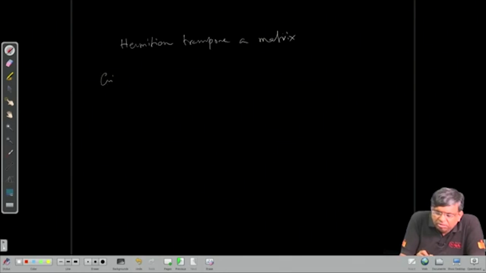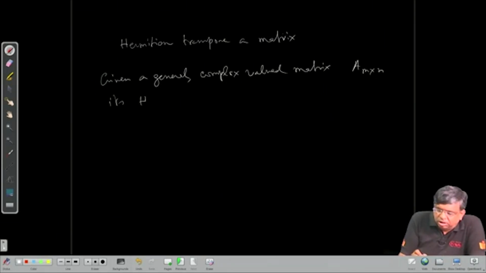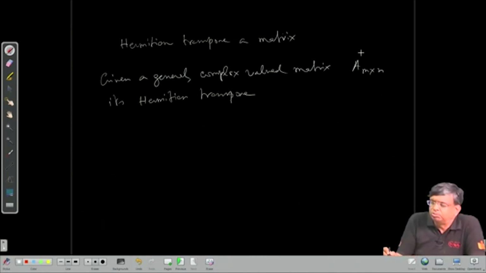So, given a general complex valued matrix A, m cross n, its Hermitian transpose: you know ordinary transpose is indicated by a superscript T. Here it will be the matrix A with capital H, not T, and it is called the Hermitian operation.